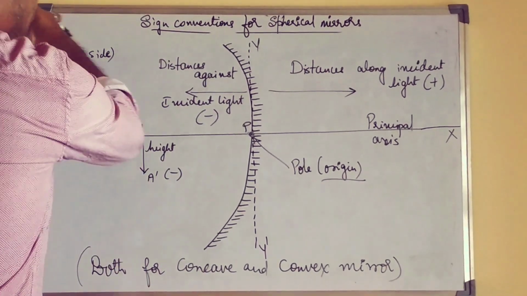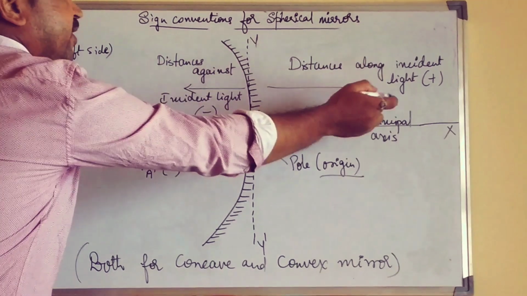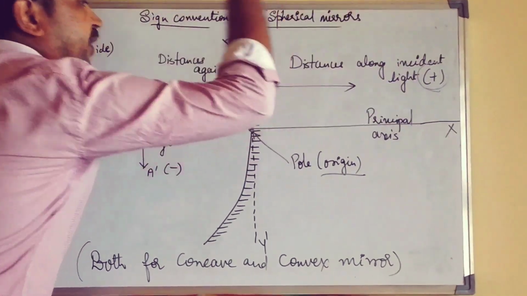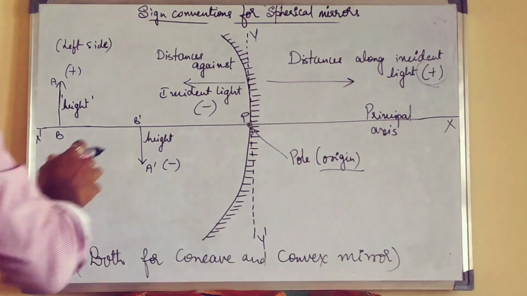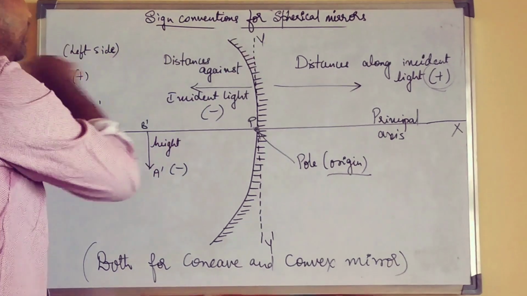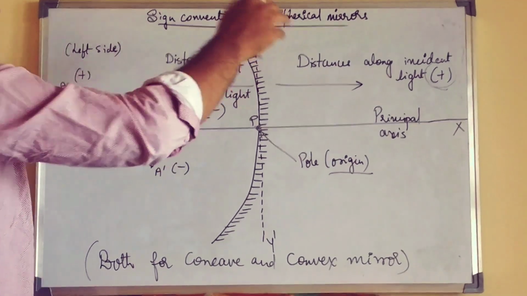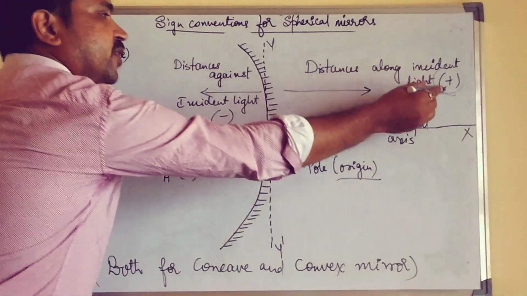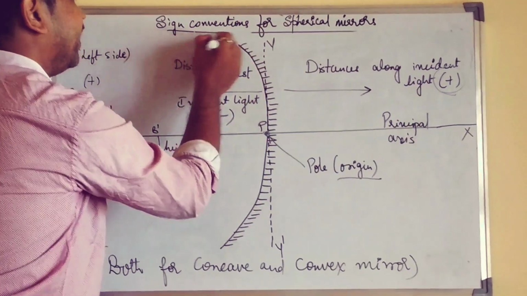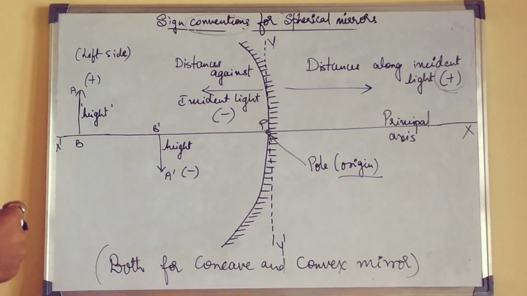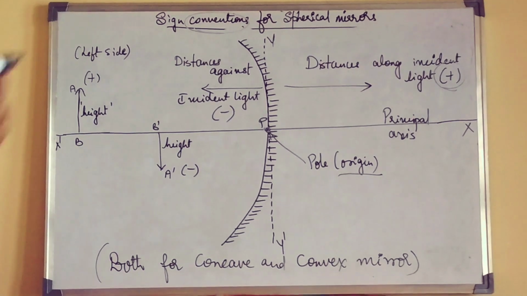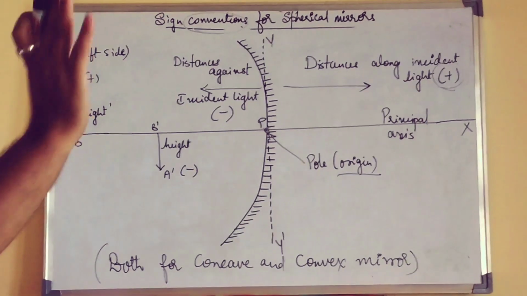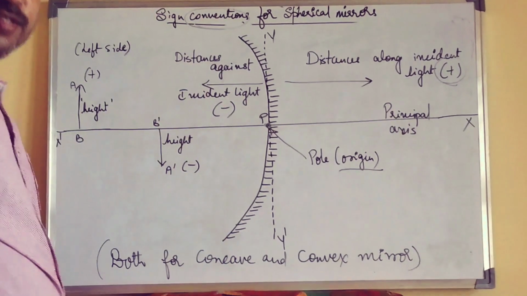So distances along this direction are considered to be positive. If you are moving along the incident ray in the same direction, that distance should be positive. Why positive? Because it is the sign convention. I have not made the convention. It is not my rule. It is by convention itself.